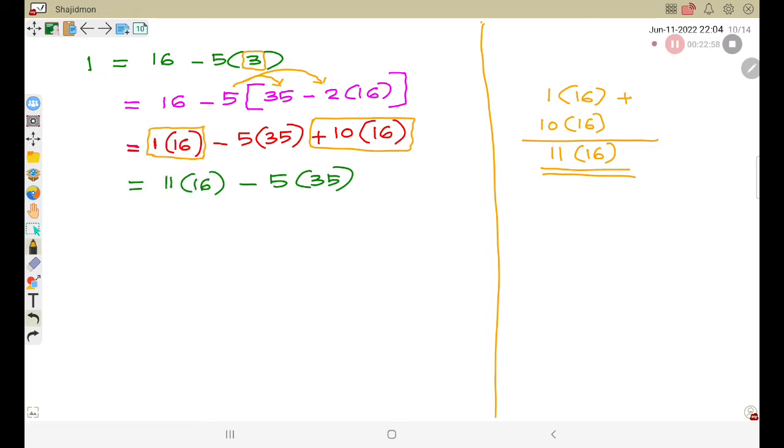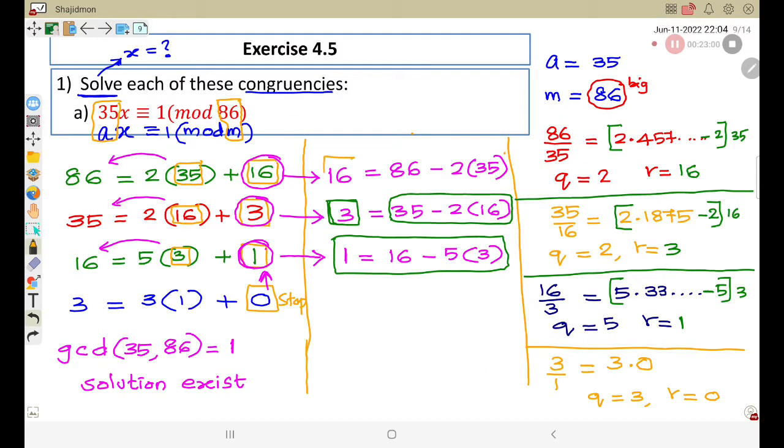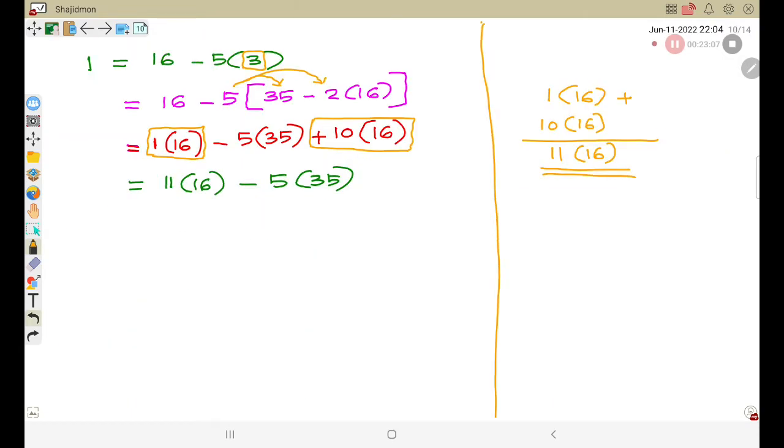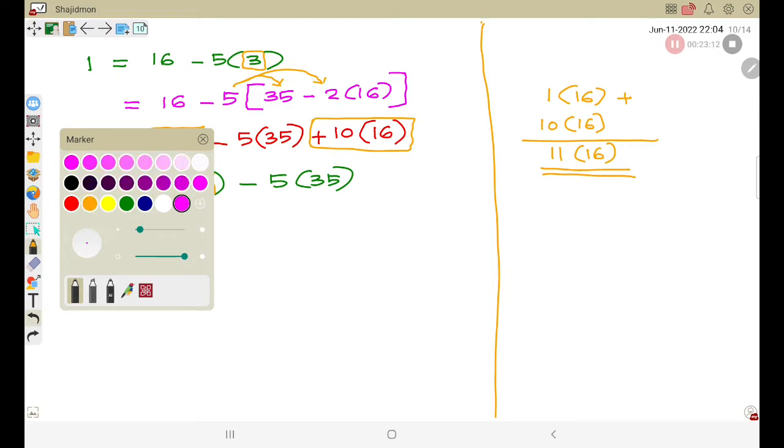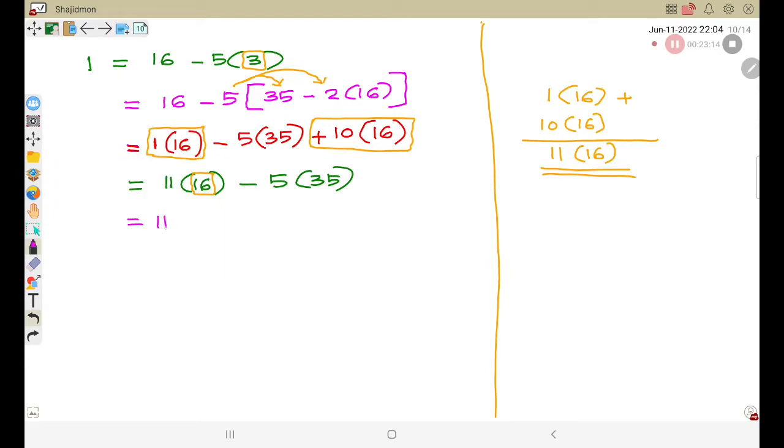Now what is the next number we need to change? The next number is 16. 16 means 86 minus 2 multiply 35, correct? So this 16 number we need to change. We can write equals 11 multiply, use a closed bracket, instead of 16 write 86 minus 2 multiply 35, close the bracket, minus 5 multiply 35, that is the same.